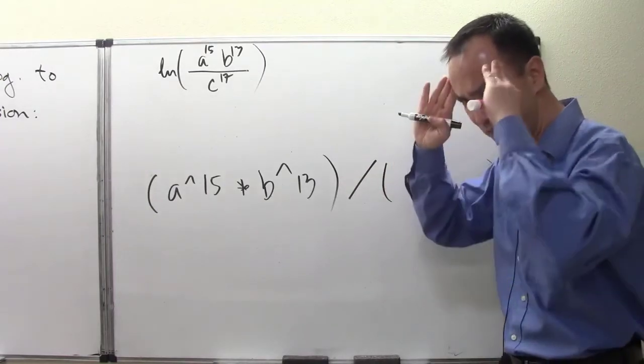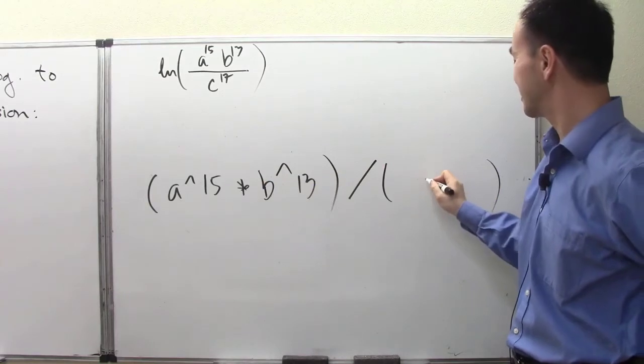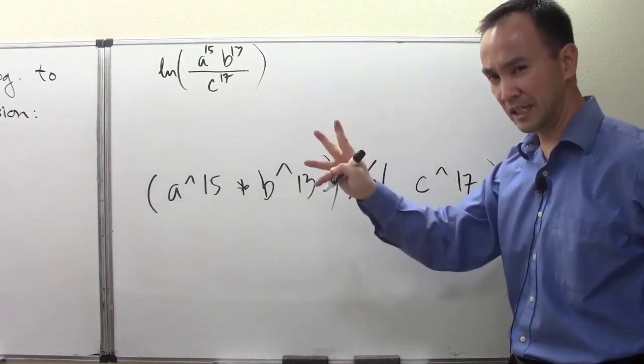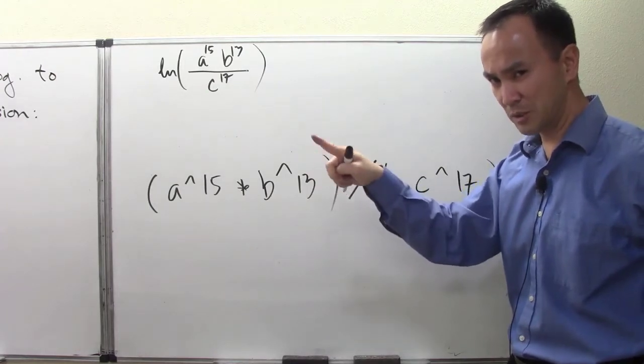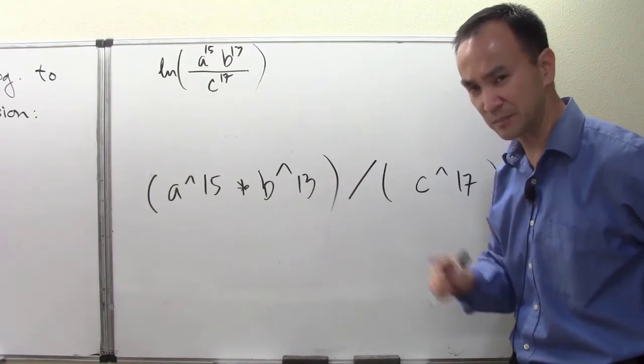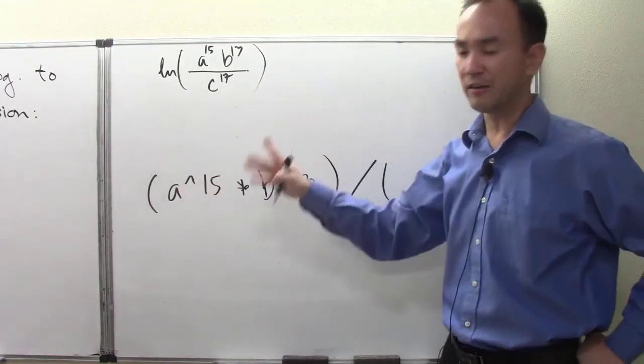Imagine we were typing this in a calculator, that's how we would type it, and then c to the 17. That's why it's parentheses, exponents, then multiplication or division, and the last one is addition or subtraction.